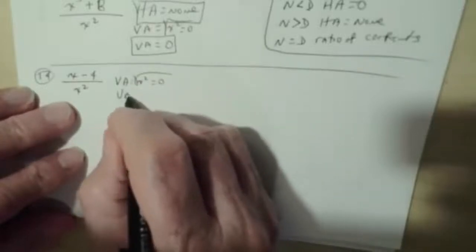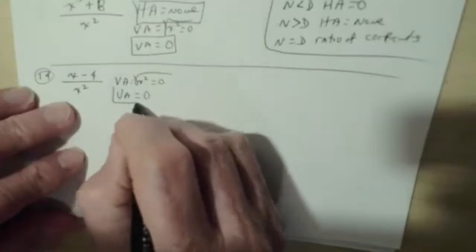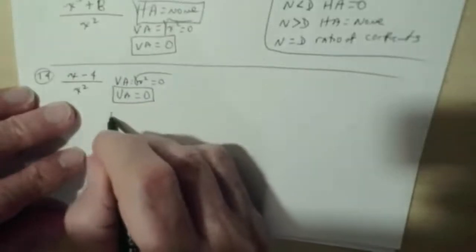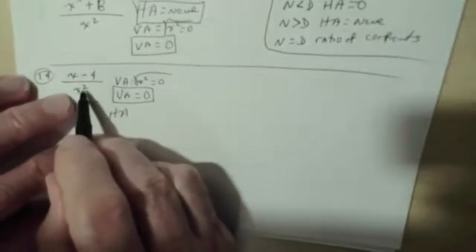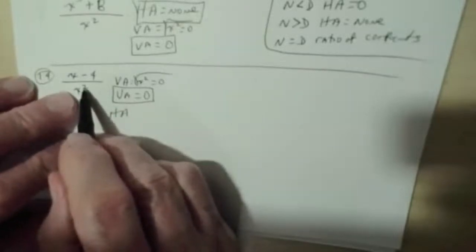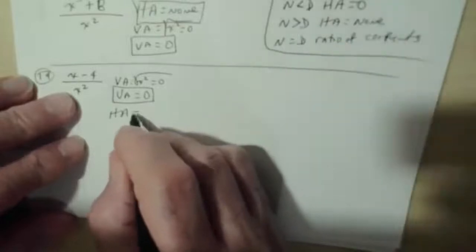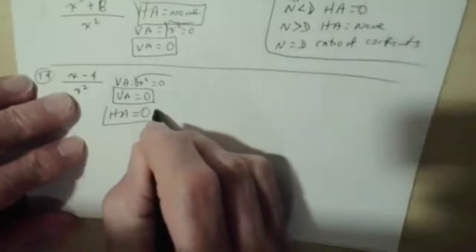Horizontal asymptote: the denominator is greater than the numerator, so our asymptote is 0.